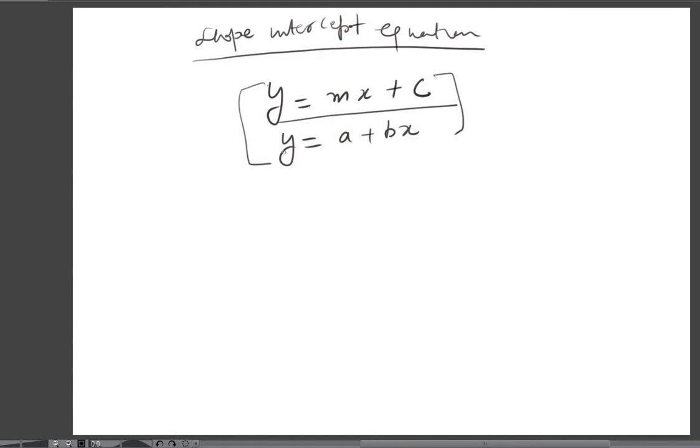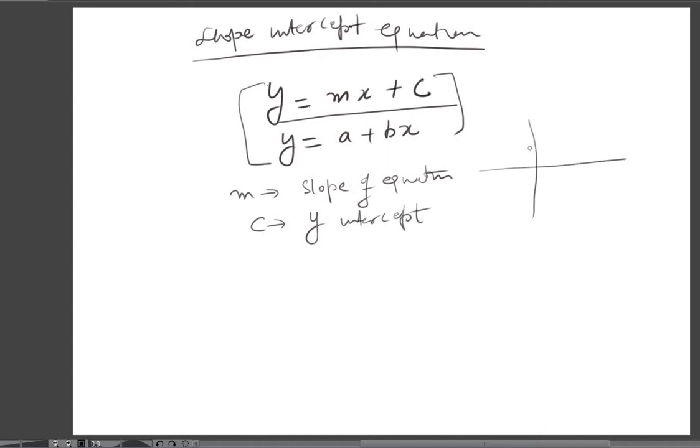Here m is nothing but the slope of the equation, and c is the y-intercept. When I say y-intercept, it simply means, if this is a straight line, the point where the line cuts the y-axis.